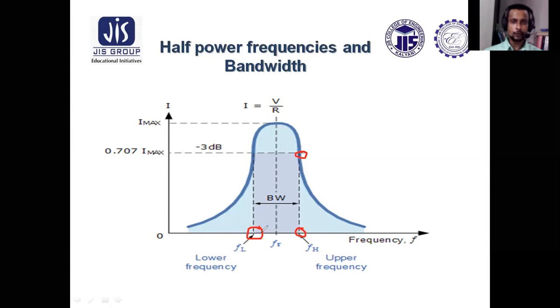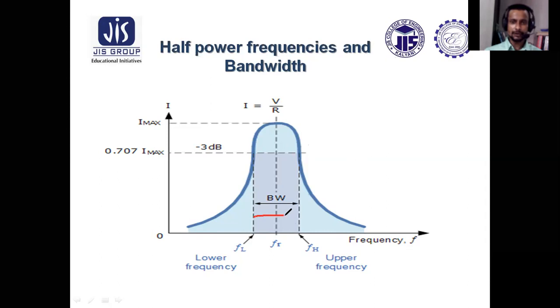This is the lower half power frequency point, and this is the upper half power frequency point. Or simply it could be termed as lower frequency or upper frequency. The average of lower frequency and upper frequency gives us the resonant frequency.